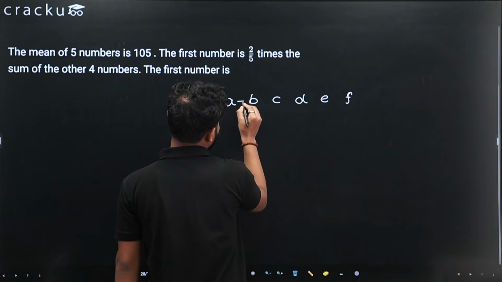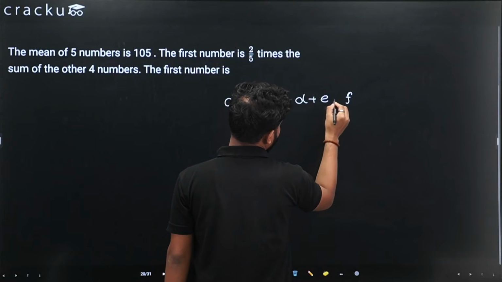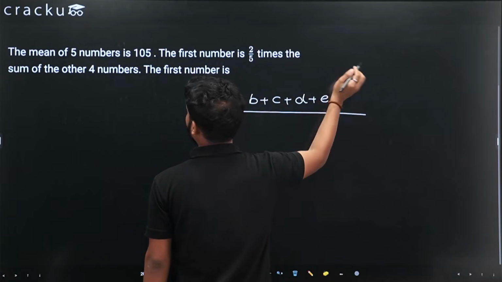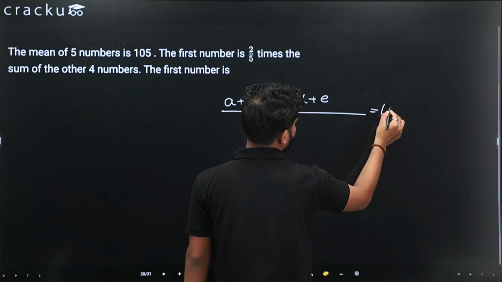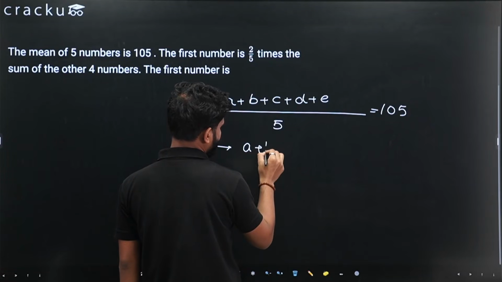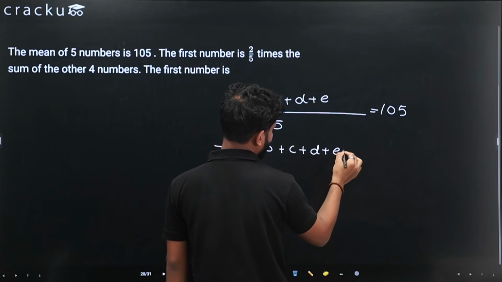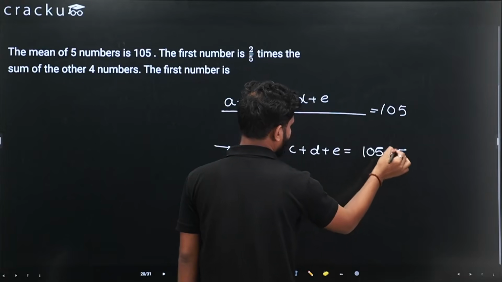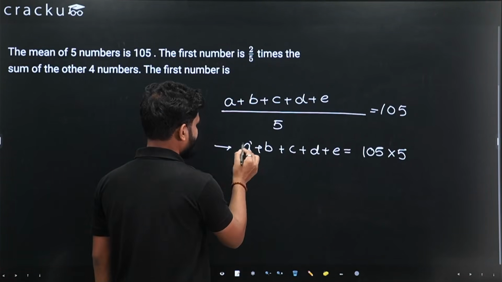So I can say A plus B plus C plus D plus E divided by 5 is equal to 105, right? So A plus B plus C plus D plus E is 105 into 5. Correct?